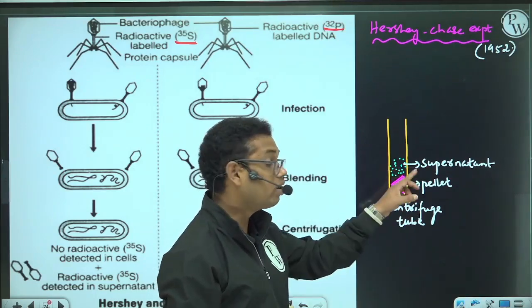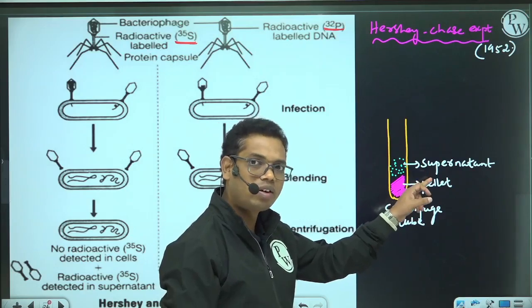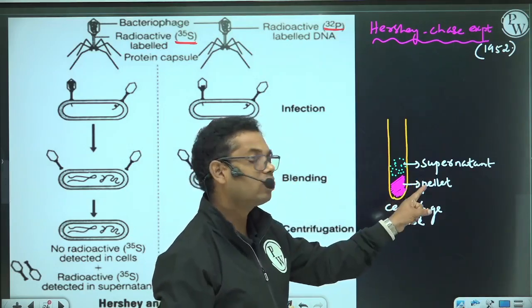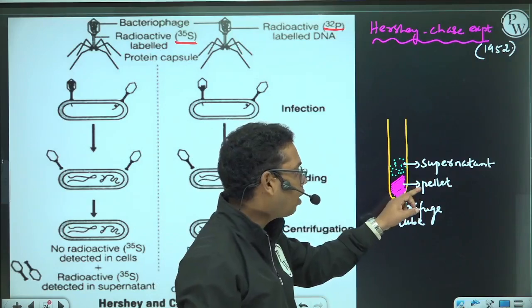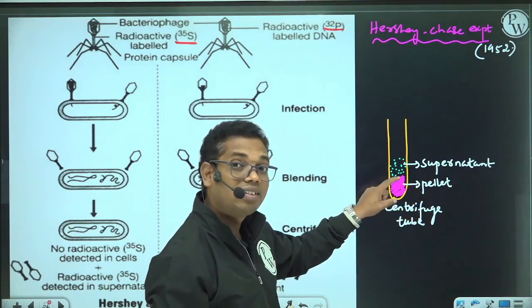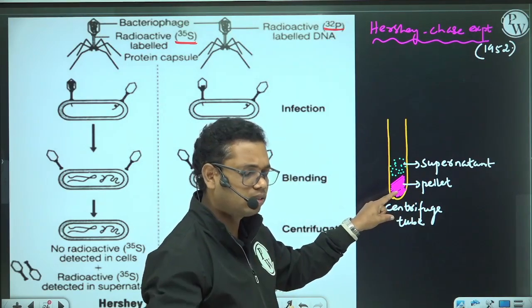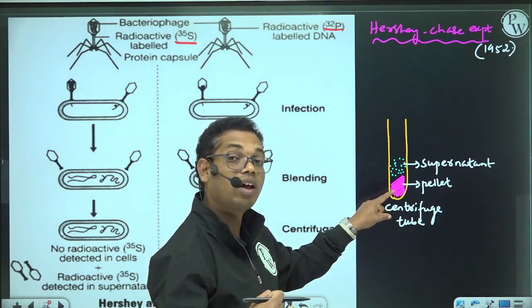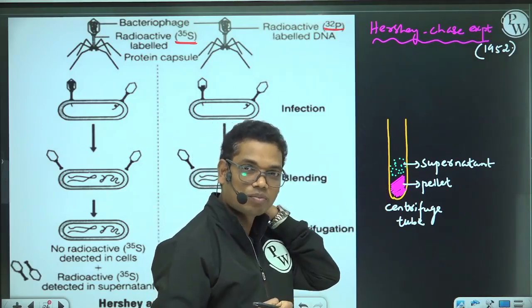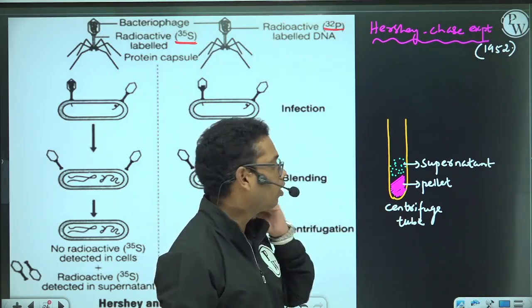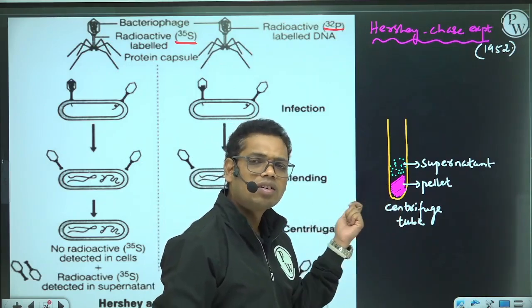Okay, what will be present in the supernatant in this case, and what will be present in the pellet? See, the pellet will contain those structures which have more density, higher mass. Which will have higher mass? It is the bacteria.